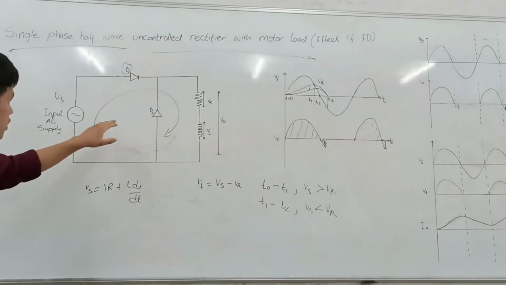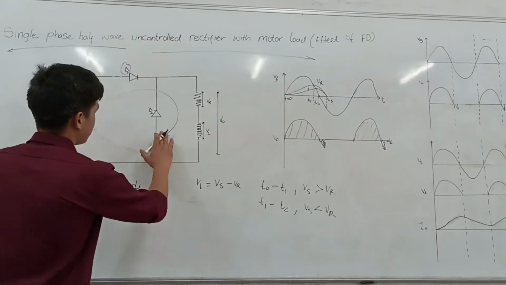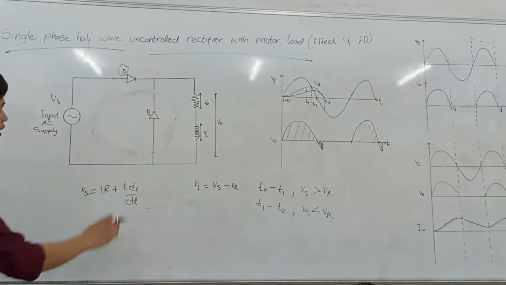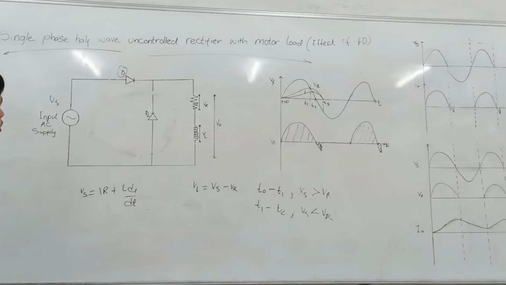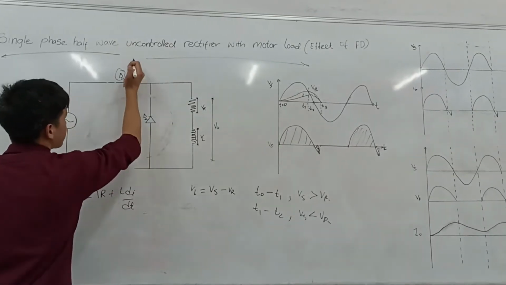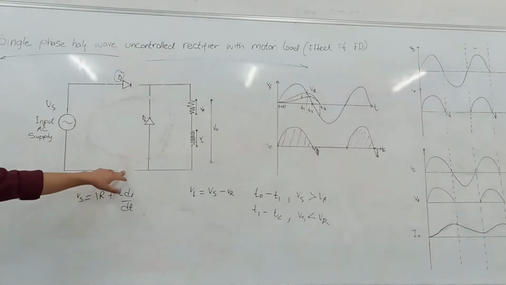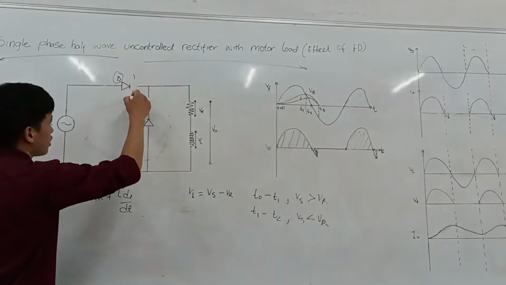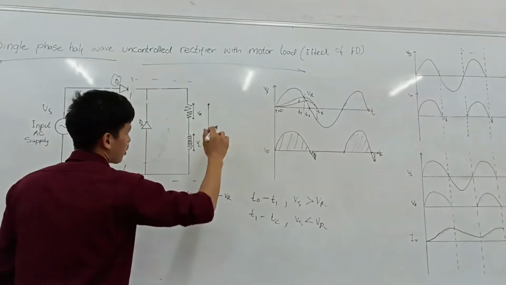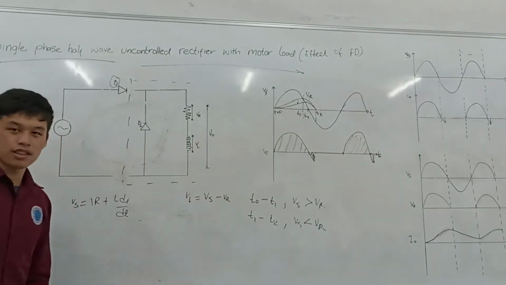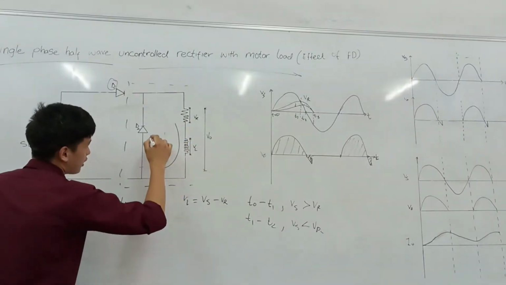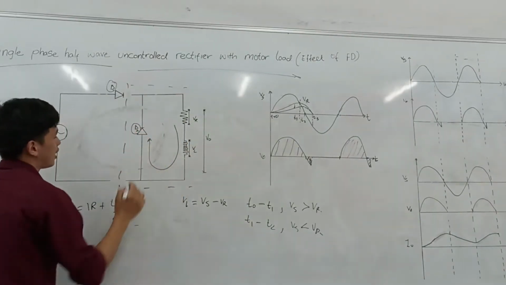And the effect of the freewheeling diode can be seen during the negative half cycle. During the negative half cycle, the circuit is disconnected. The circuit is similar to this, such that only this part of the circuit remains. Since the energy is stored in the inductor, the inductor energy will drive D2 into forward bias.